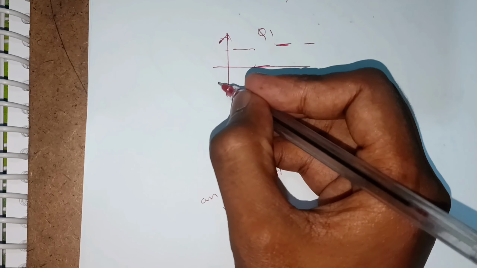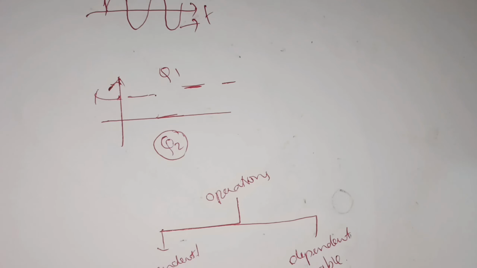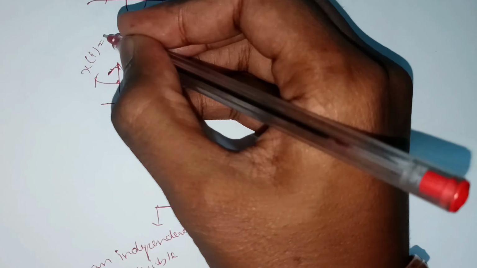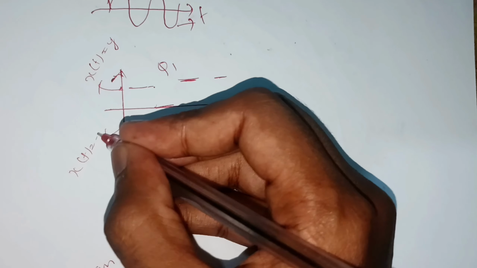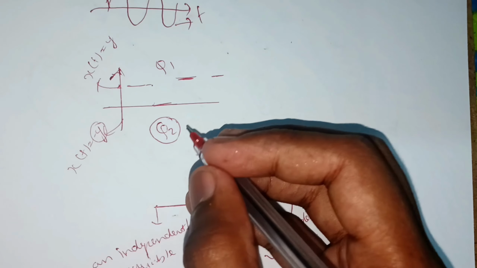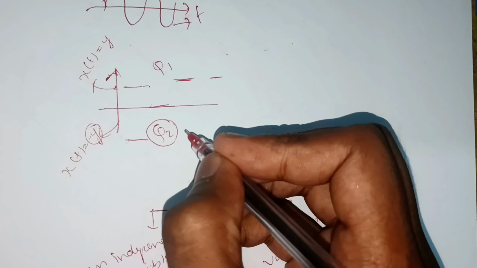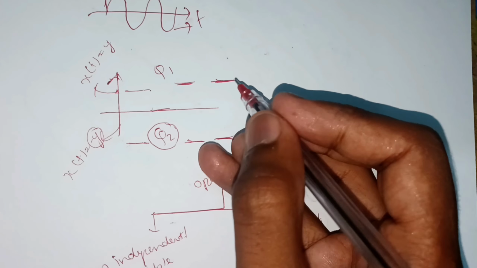Here x of t equal to y, here it is x of t equal to minus y. So it's the mirror image like this, horizontally, not vertically.